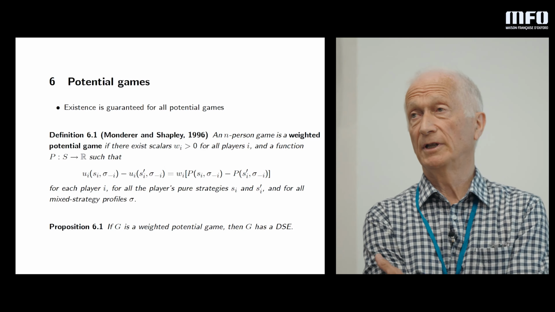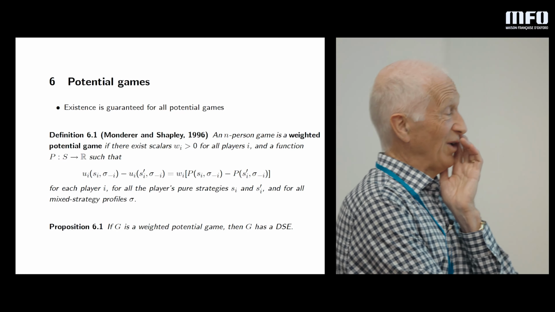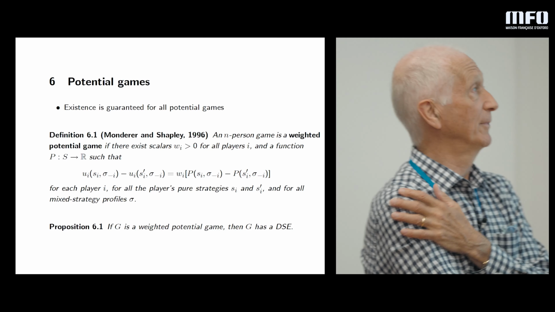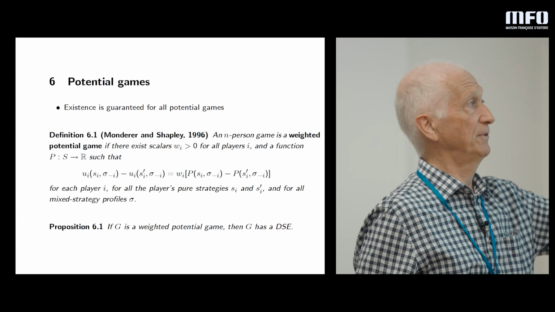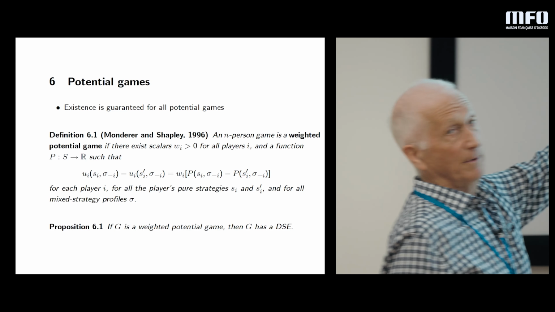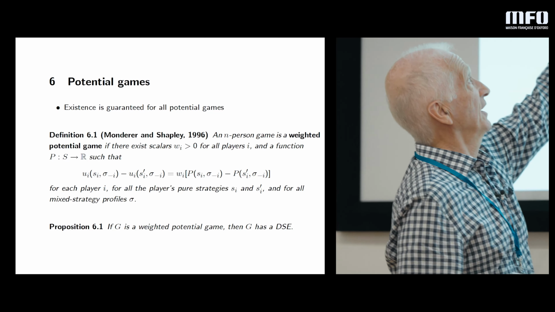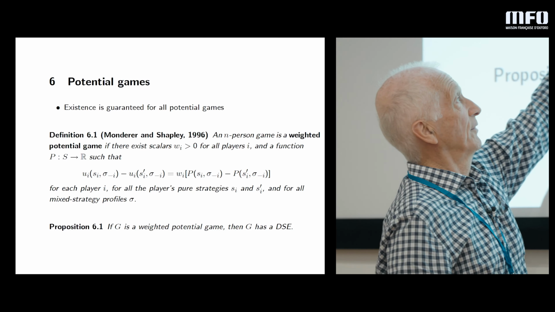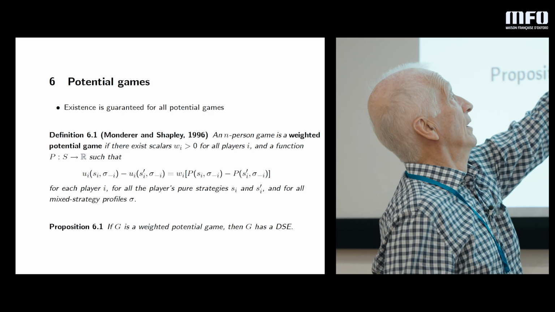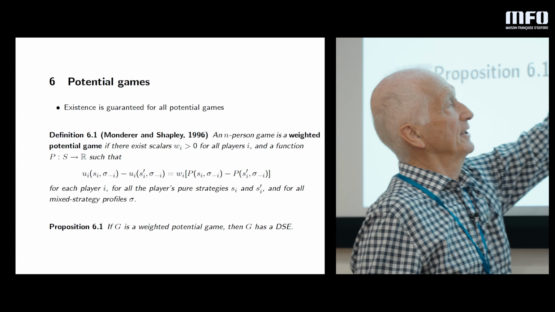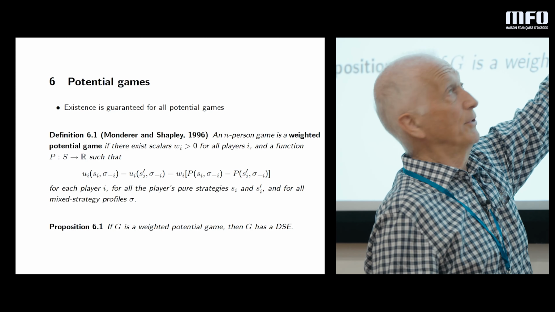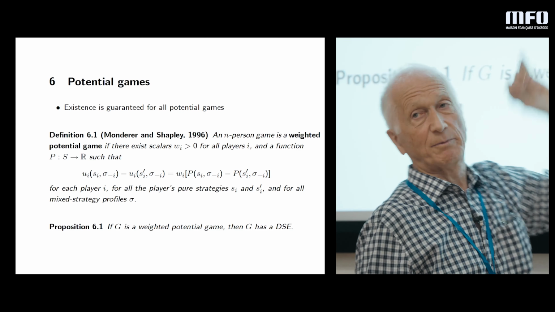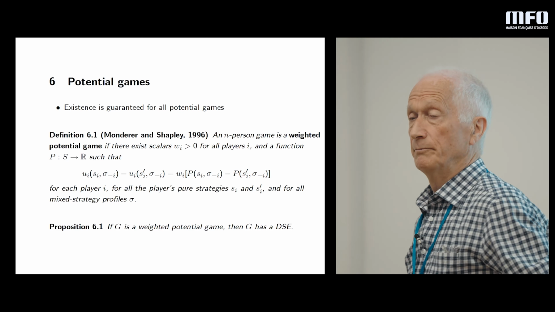Now, potential games are another important class of games, and we take the definition of a weighted potential game from the paper by Monderer and Shapley, which essentially says that if you have a game and it is of the following type, that if one player i changes pure strategy from s_i to s_i prime for any given strategy profile for the other players in an n-player game, and you look at the payoff difference, that can be written as a difference of a potential function P, which is the same for all players, between these two situations, possibly multiplied with a positive constant w_i, some weight.